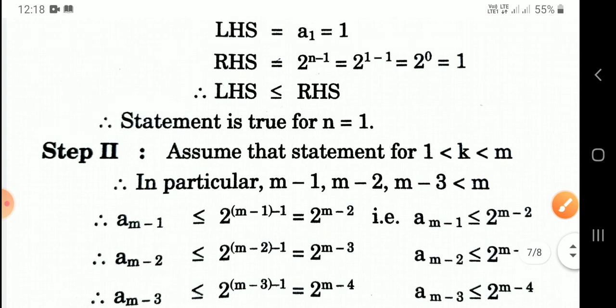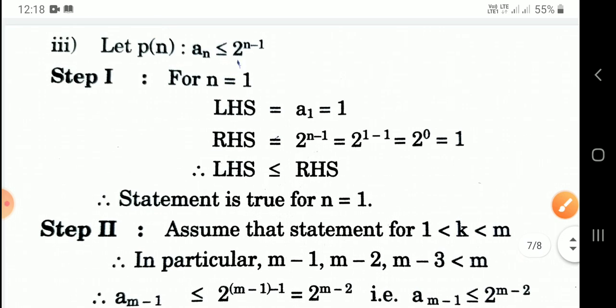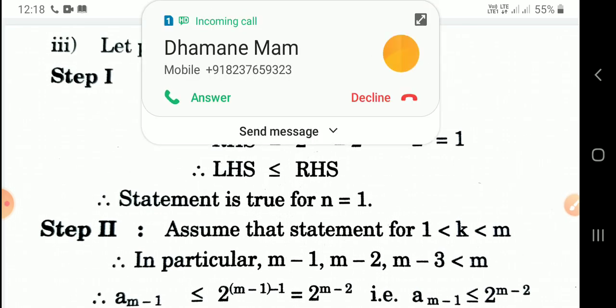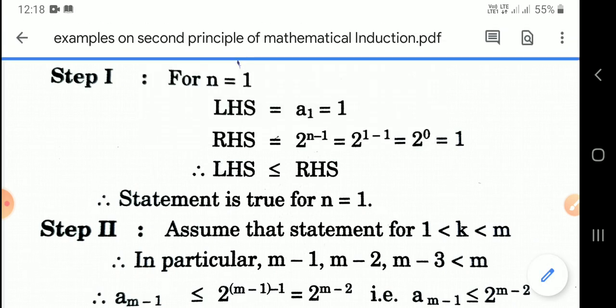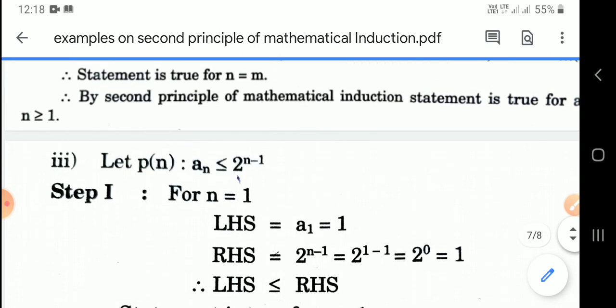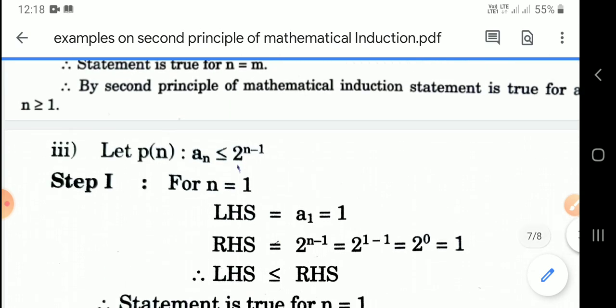Okay, see the statement: an is less than or equal to 2 raised to n minus 1. So in place of n we put m minus 1. Okay, so what do we get, am minus 1 is less than or equal to 2 raised to m minus 1 minus 1.